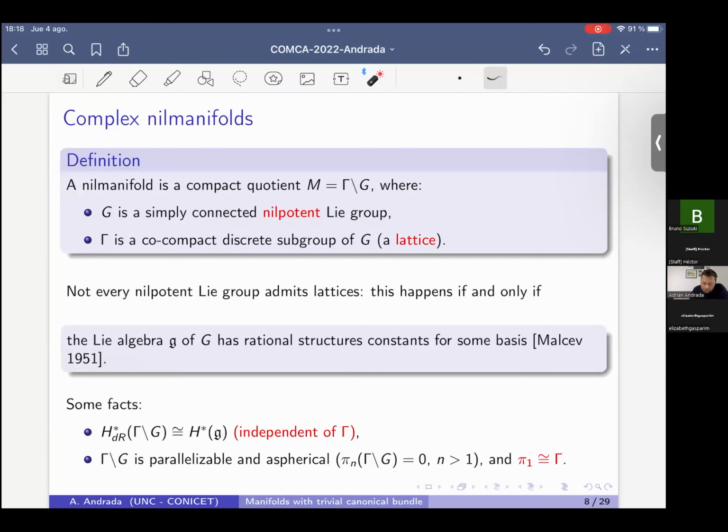So I will recall that a nilmanifold is a compact quotient G divided by Gamma, where G is a simply connected nilpotent Lie group, and Gamma is a co-compact discrete subgroup of G, a lattice. Not every nilpotent Lie group has lattices, but many of them have. That happens if and only if the Lie algebra of G has rational structure constants for some basis.